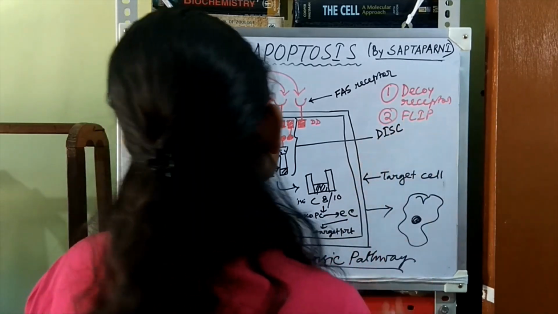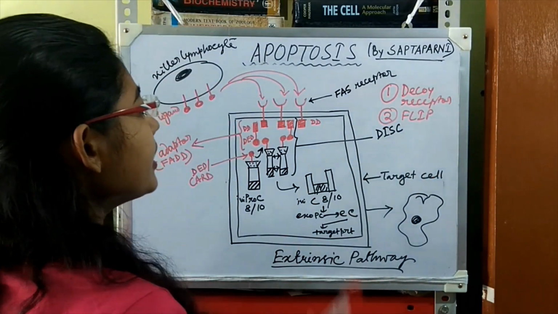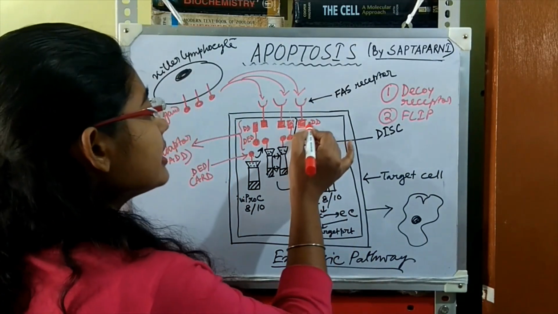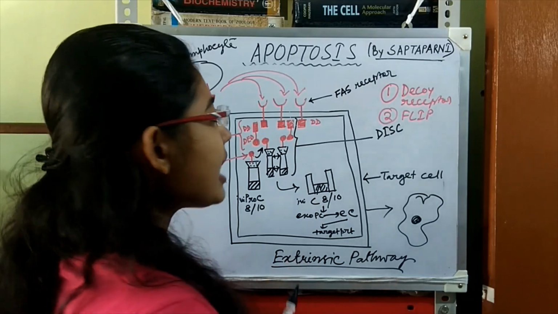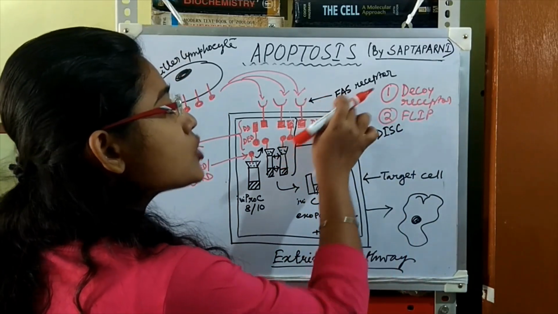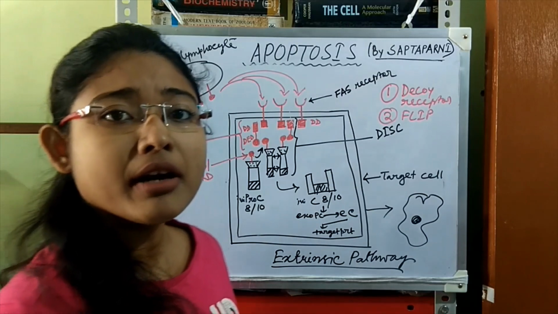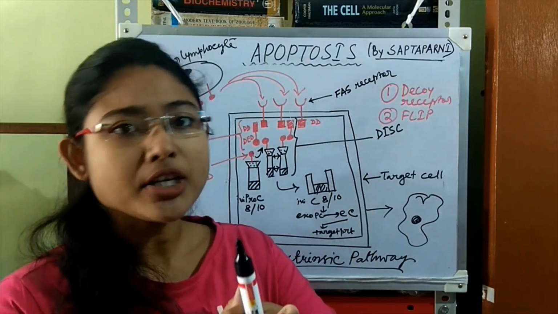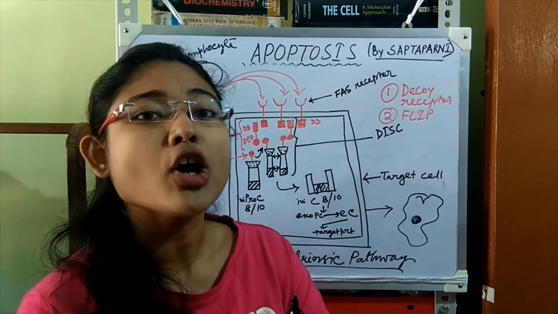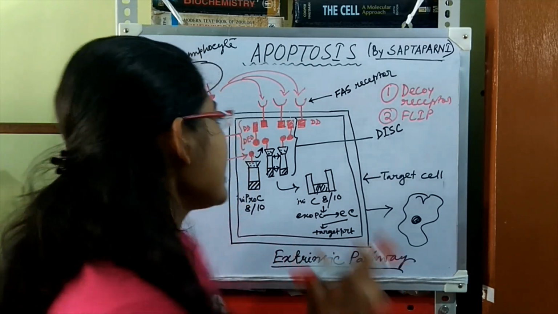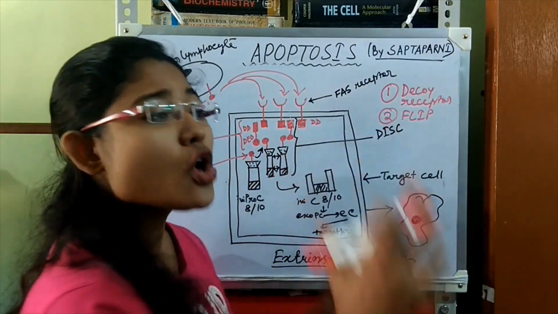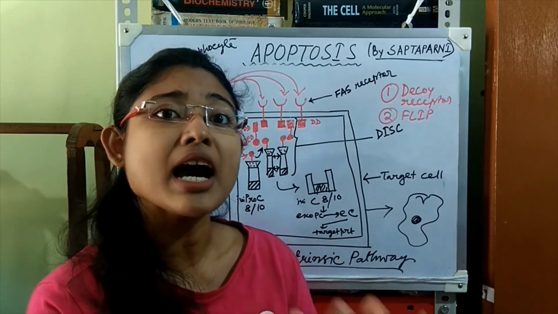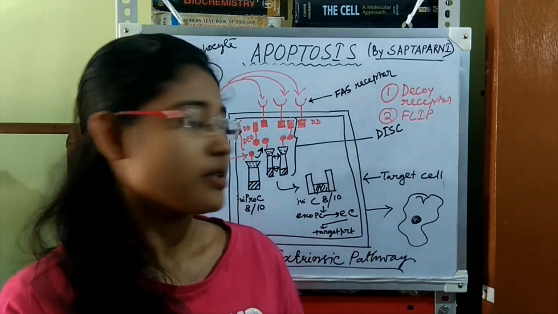This decoy receptor mimics the Fas receptor, but it lacks the death domain. Those decoy receptors are also present on the cell membrane, and whenever the Fas ligands bind to them, they can bind the ligand but cannot induce apoptosis because they lack the death domain. So they competitively inhibit the inappropriate apoptosis.